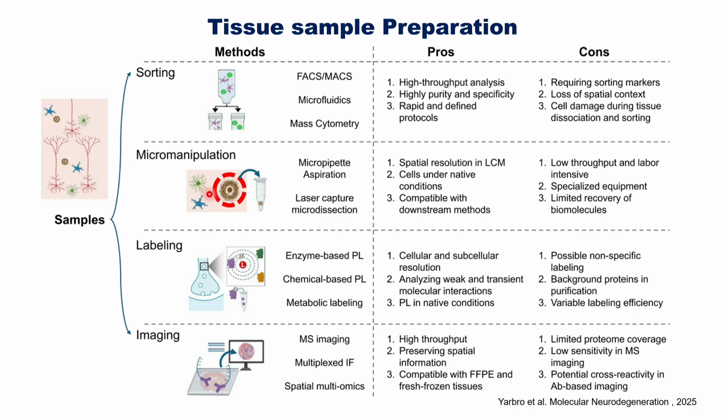So from each cell it will say, okay, this is an oligodendrocyte and this is the proteome of the oligodendrocyte. You will get a very fancy colorful image of the slide.